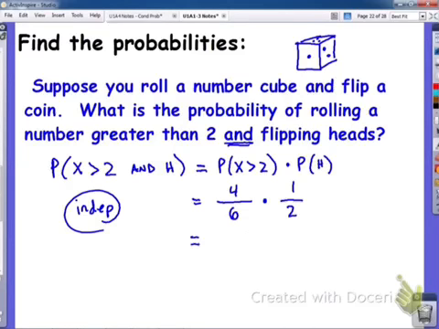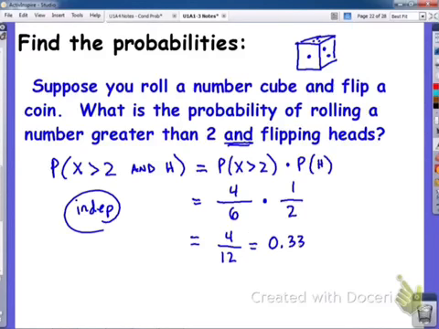You can do it in your head, whatever works for you. 4 times 1 for me is 4, and 6 times 2 is 12. So 4 twelfths, put it in my calculator, 4 divided by 12, enter. It gives me 0.33 repeating, right?